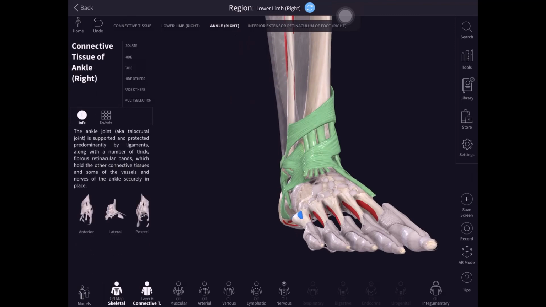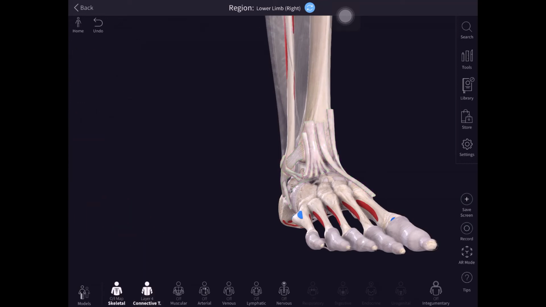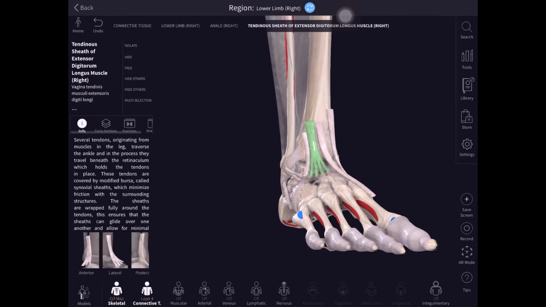I need to remove some structures here. This we don't need, these are not required right now.